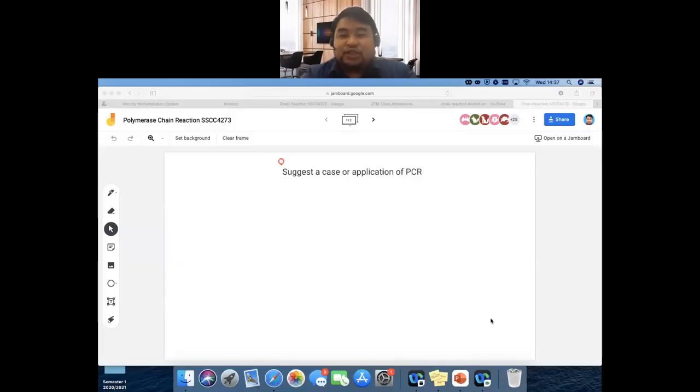Alright. So, inside the Jamboard, please suggest a case or application of PCR. Now you have looked at what PCR is all about, and whether PCR can be used on any other application besides forensic application, it's okay. It's just for you to be able to know what the applications of PCR are. So you can use stickers and then as usual, at the end of your idea you just put your name.